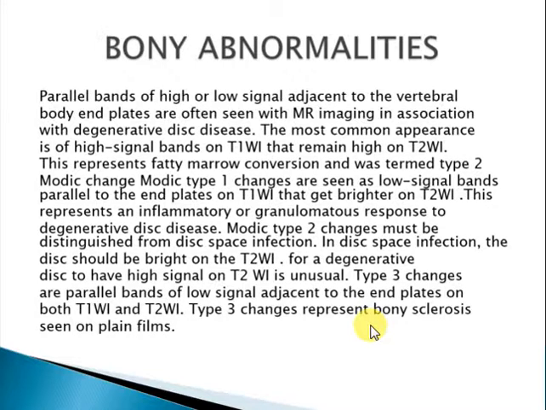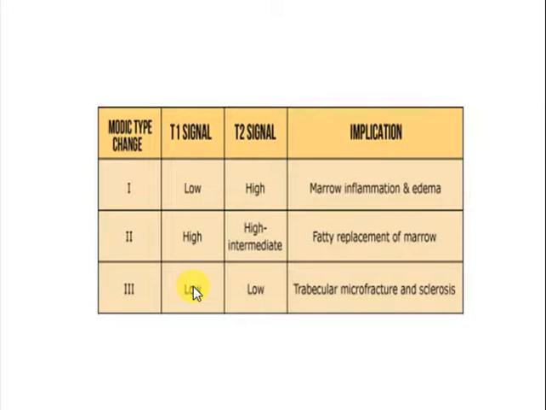There is a classification system called the Modic classification system, which classifies these Modic changes into type 1, type 2, and type 3. Basically, type 1 is edema, type 2 is fat, and type 3 is sclerosis.